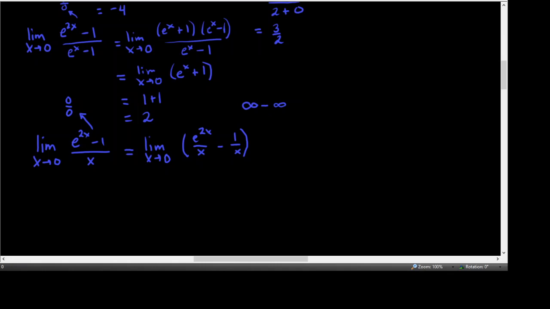We could look at the graph of e to the 2x minus 1 over x and get an idea of what the answer might be. That graph looks like this. No answer there because you can't divide by 0. That graph looks like that.